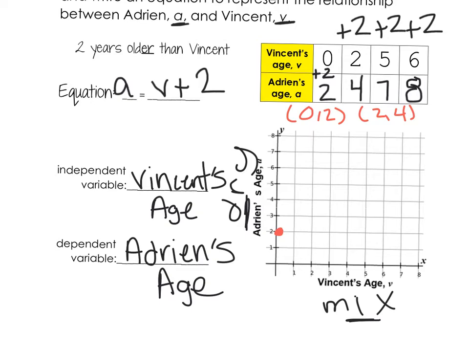When Vincent is 2, that means Adrian is 4. Vincent is 5, Adrian is 7. Vincent is 6, Adrian is 8. And see how there could be dots in between because we skip numbers, but notice how it makes that linear graph. It makes that line, okay?